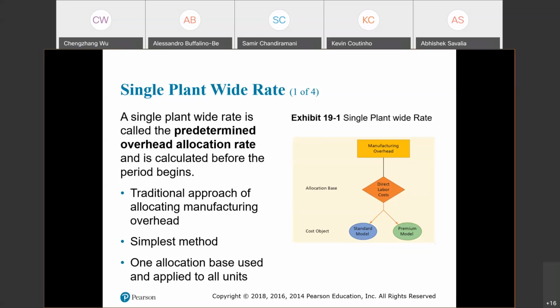So the challenge now is how to allocate this $100,000 in manufacturing overhead to 2,500 tablets, the manufacturing per unit.